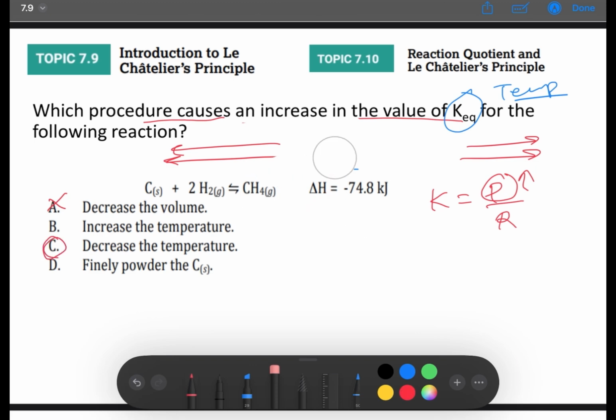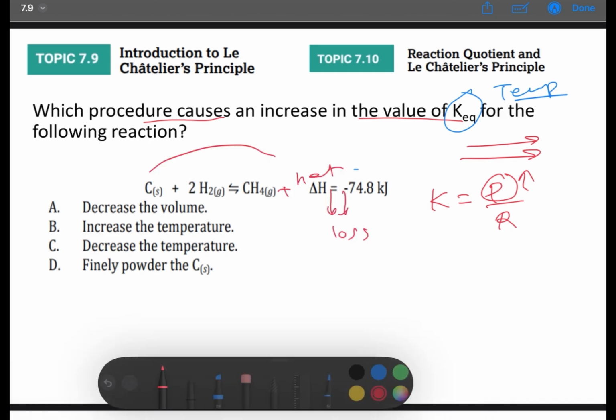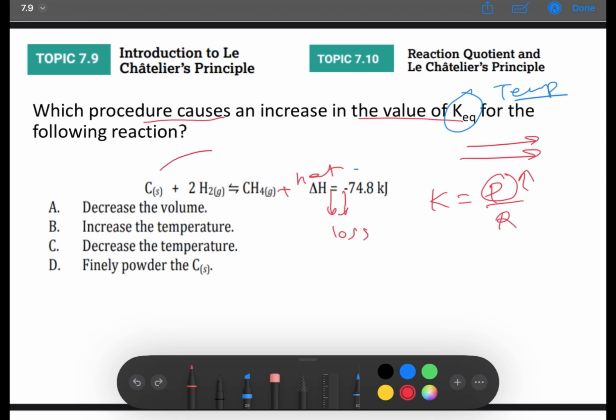Yes, if we decrease the temperature, it means here we have a loss, right? The loss needs to be compensated, and that's why the reaction will be shifting to the product side, and that's why we have a higher value, as the product amounts will increase with respect to the amounts of reactants that will be decreasing. So the answer here is C, and D actually affects only the rate of reaction.